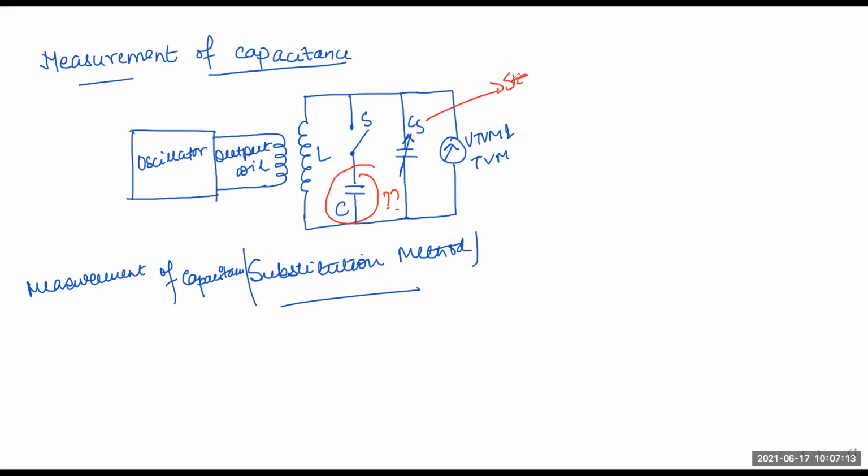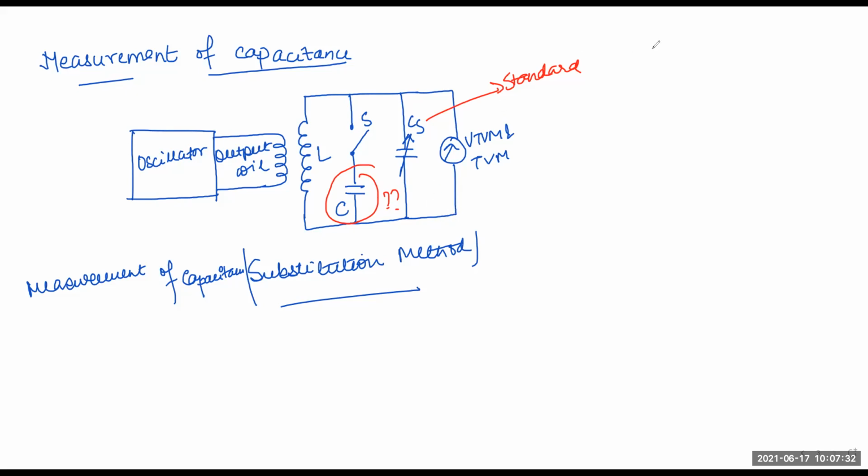This is a standard and variable capacitor also. The standard capacitance is of the same order as the unknown capacitance. Now what happens? With the switch S open, the resonance is obtained by varying the standard capacitance CS.